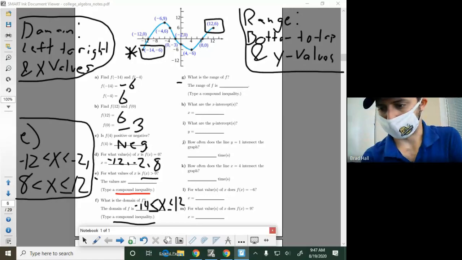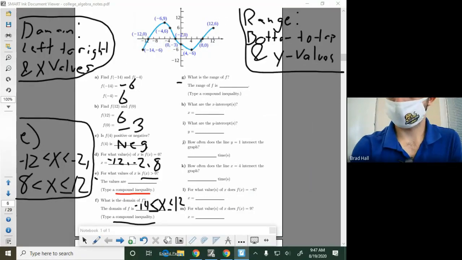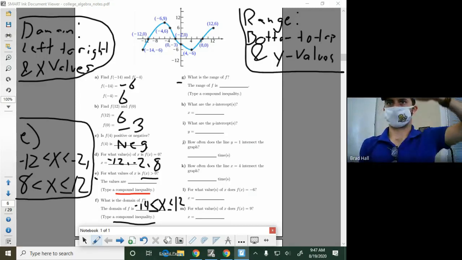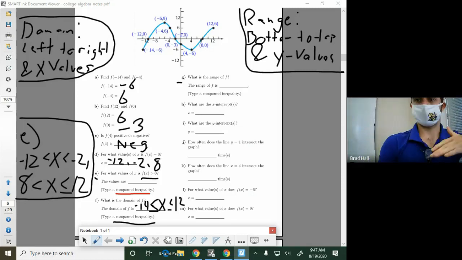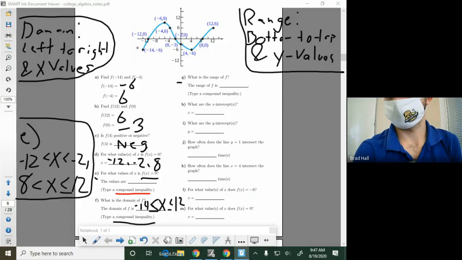So let's apply that logic here. For the range, we need to find the lowest point on the graph. On bottom to top, we need to find the lowest point. There seems to be a tie here between these two.